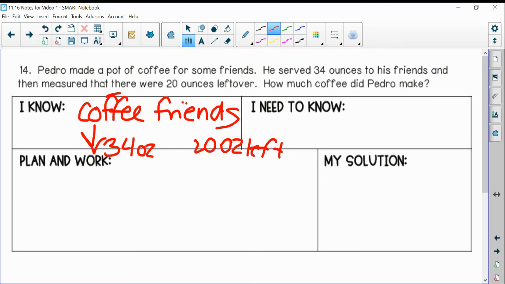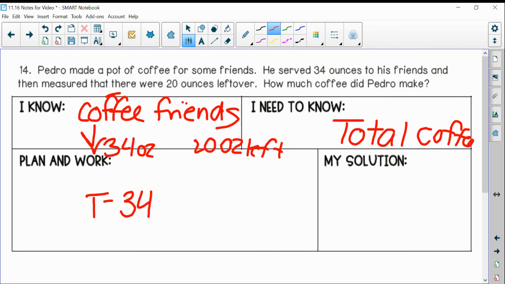So we want to know how much the total coffee is. So we know that the total that we do not know minus the 34 ounces he gave out is going to give us 20 ounces.